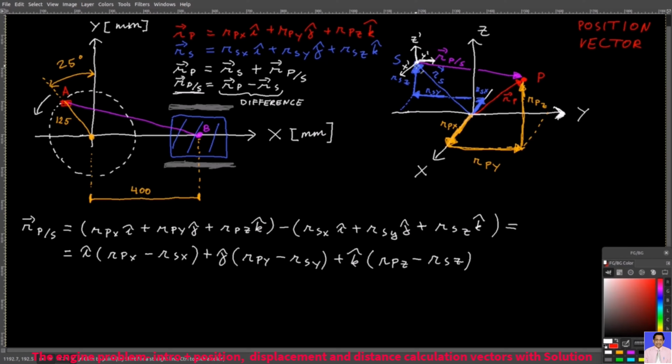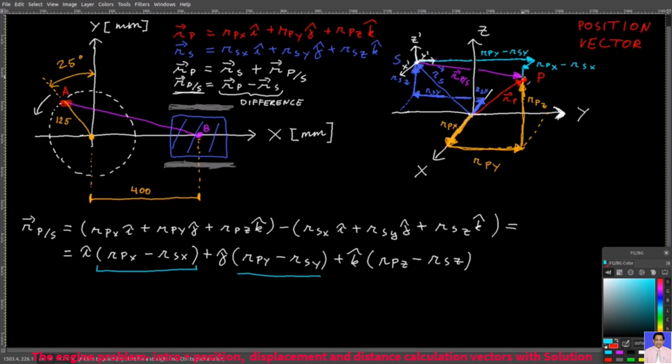And so from this new coordinate frame, we can construct this displacement vector like this. This component here, that's in the x apostrophe direction, and it's this one here, r px minus r sx. Then this component, that's in the y apostrophe direction, and it's r py minus r sy.